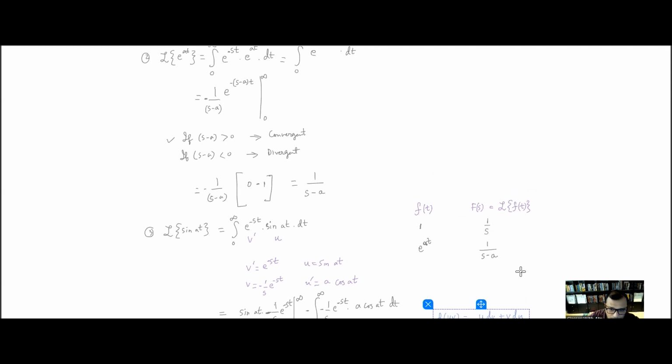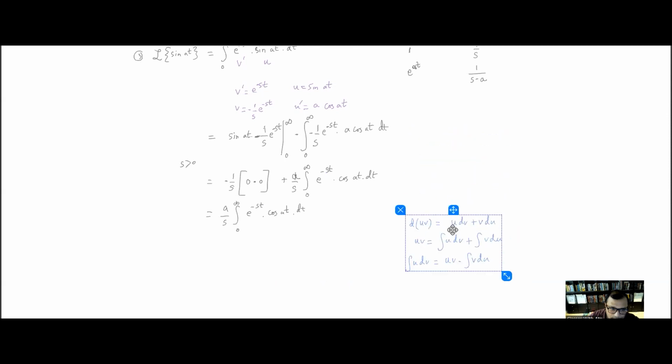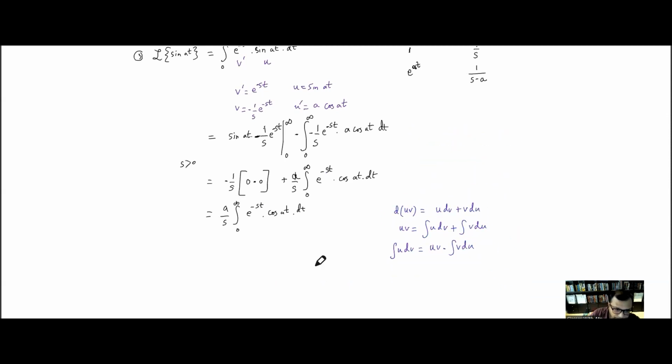This guy. If we reapply this one more time, let's see what happens. So let's say we assume this as v prime and this as u. So v prime is e to the power minus st. So what will be v?